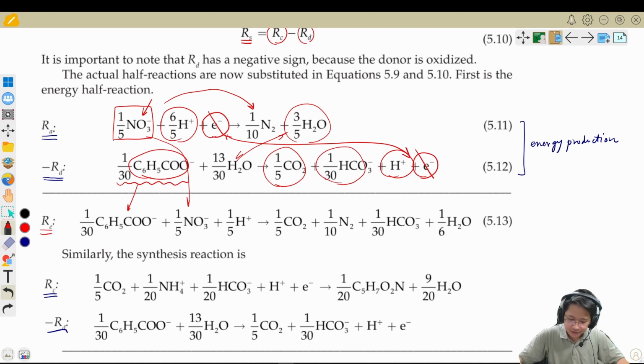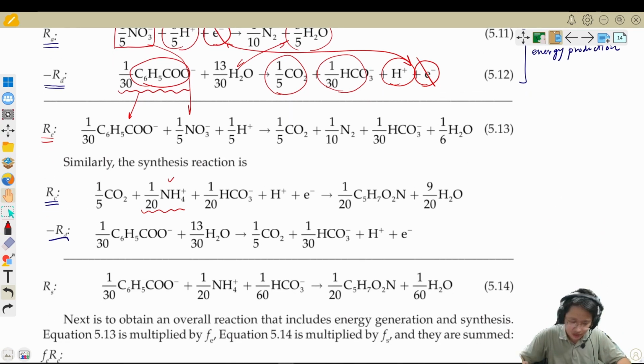So the same thing, you choose the cell synthesis reaction, synthesized from ammonia as the nitrogen source. So you will also get an additional Rs chemical reaction together. That's coming from organics to synthesize cells.